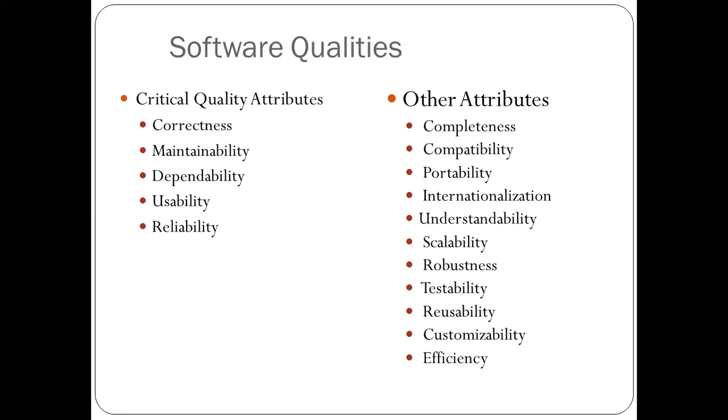The third one is dependability. There are various functions that depend on that particular software, and this will also be judged by the various quality attributes. So the third one is dependability, and another is usability. Further, whether we are able to reuse the same software or not.